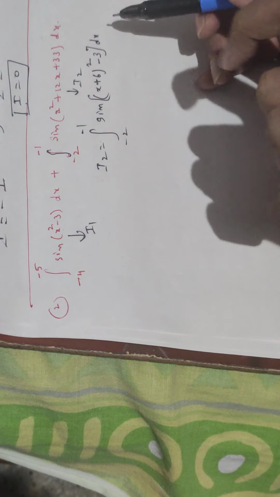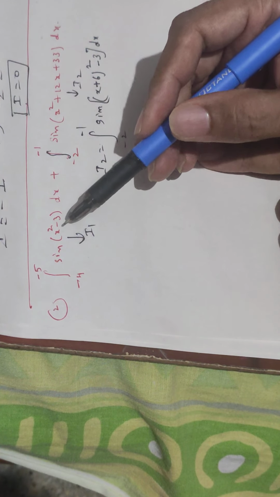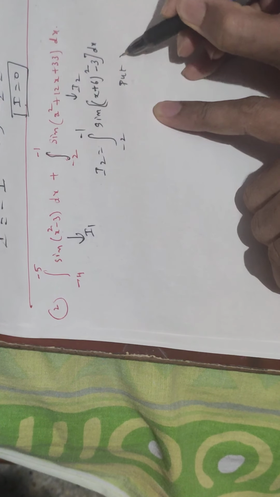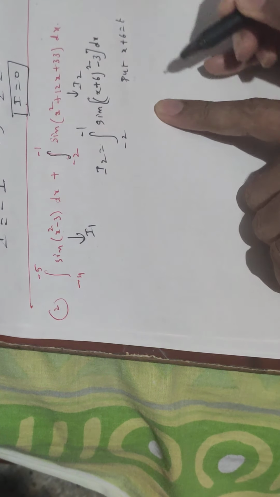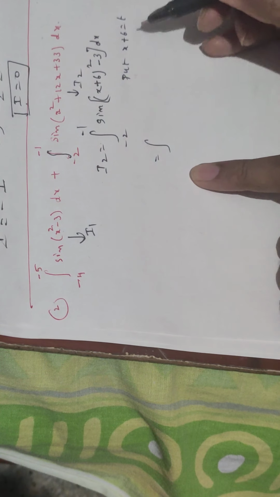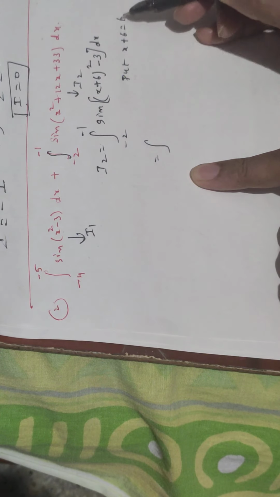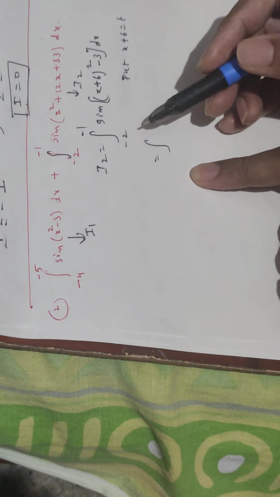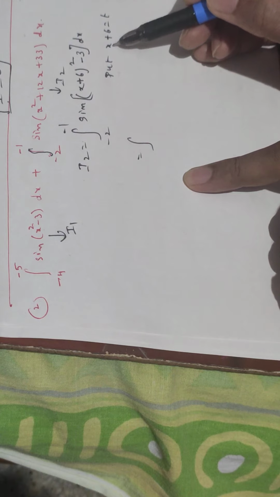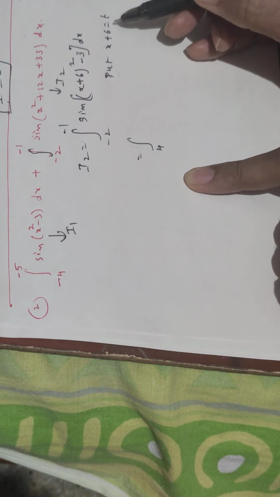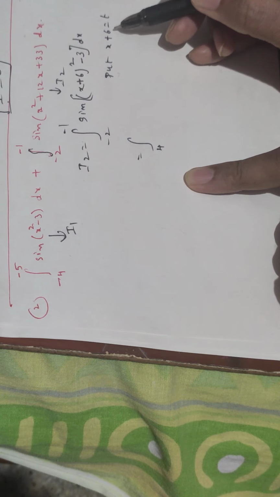Now our aim is to make this integrand in the form of this one. So by taking the substitution, put x plus 6 equals t. Then what are the limits? Whenever we take a substitution, compulsorily we change the limits also. When x equals minus 2, t value is 4.